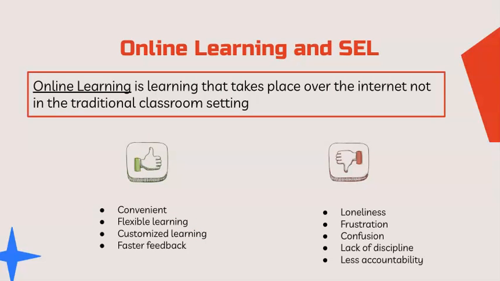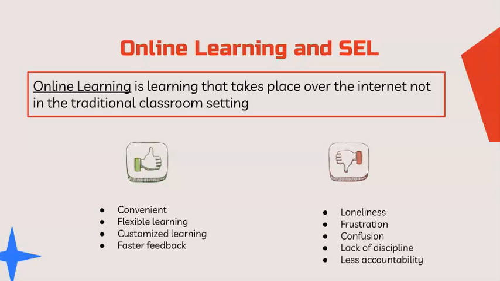Now, I know that online learning started a long time ago, and one of the bigger online learning examples is the Khan Academy. However, due to COVID, online learning has been significantly increased and is now one of the main settings for student learning.